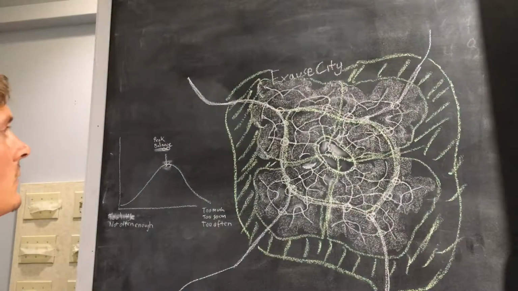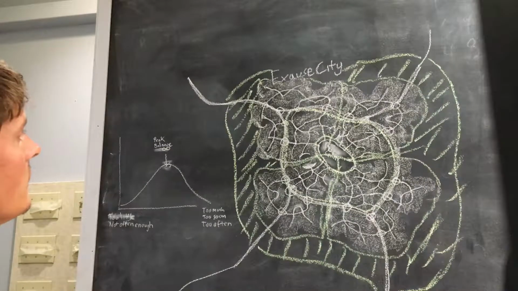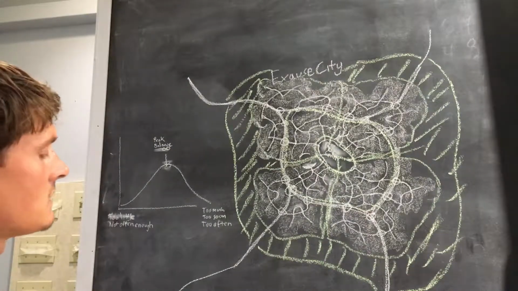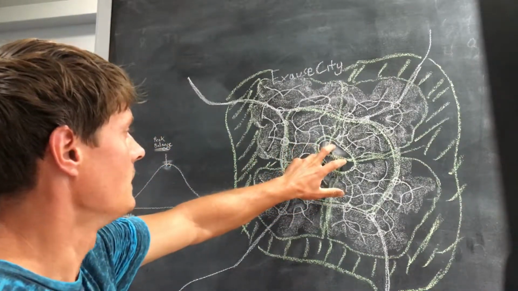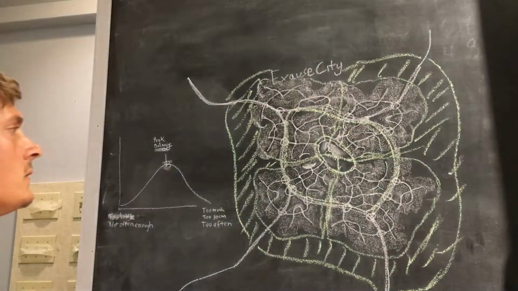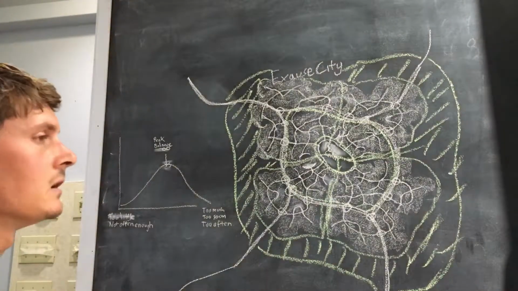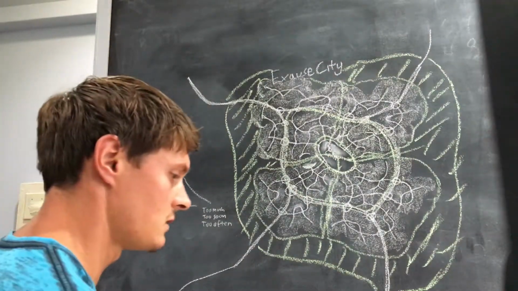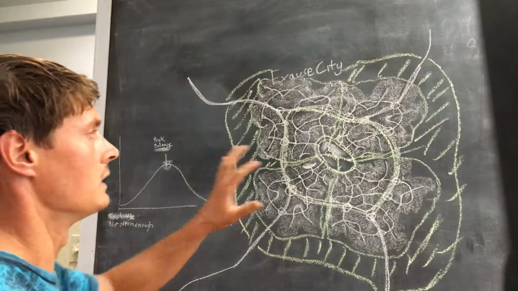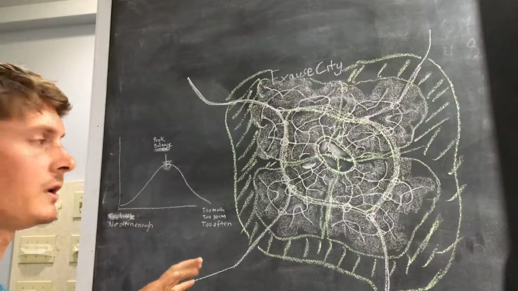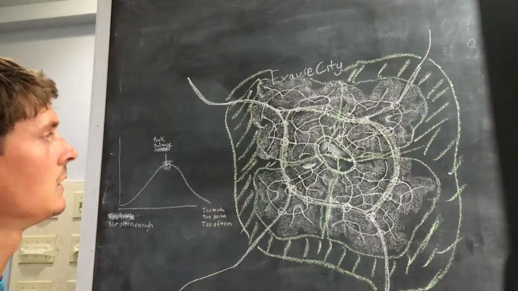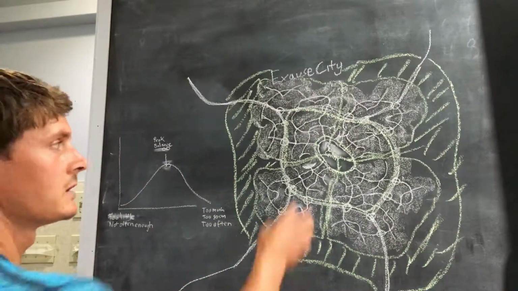And then here's a last element that I'll show you for this, which is the city. There's a city center here. And one thing that I'm really interested in is the idea that in the very center is the public square. All of the public buildings are housed here, and anything public is happening here.